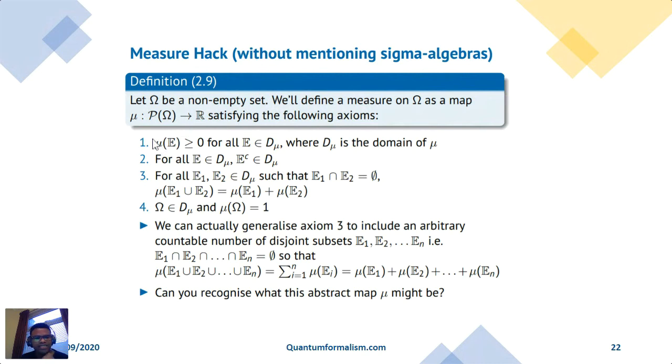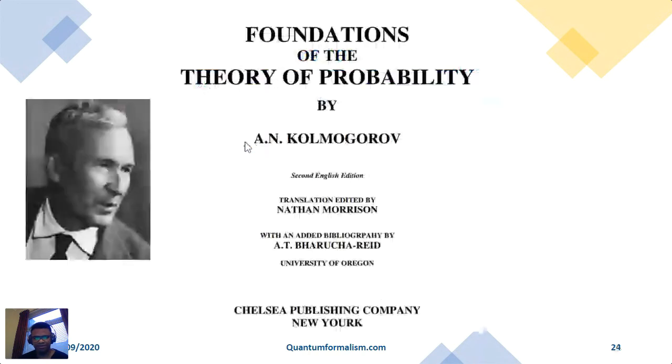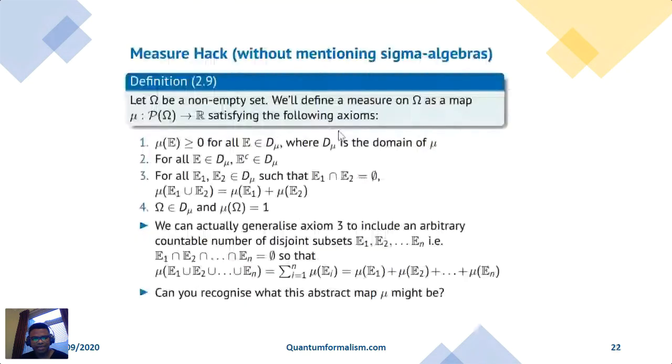The first axiom is that mu of E is greater than or equal to 0 for all E in the domain of mu. That means mu is positive.